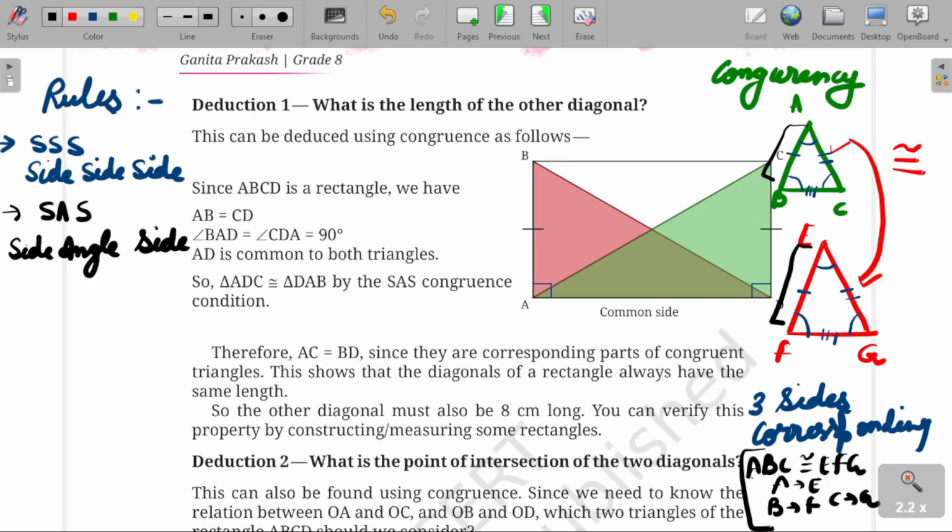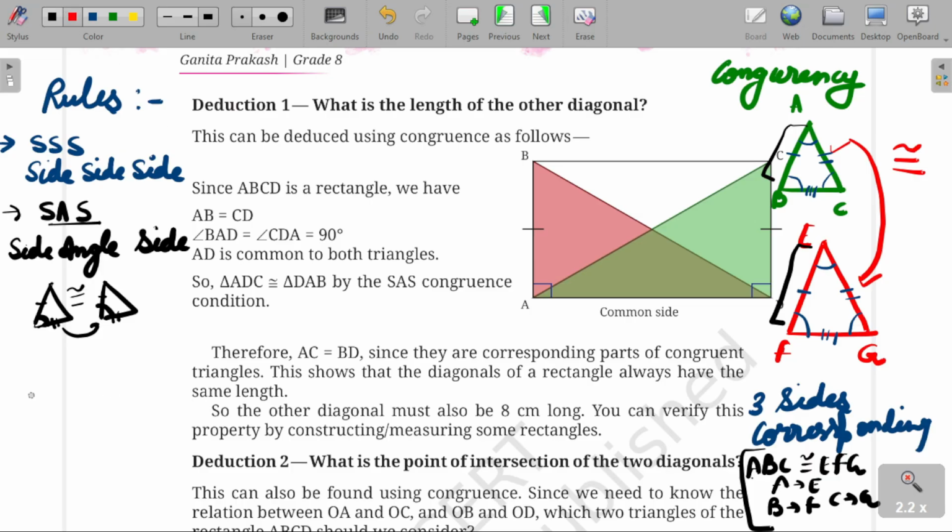Now, side, angle, side means when you have two triangles, then the angle formed between the same sides, like this side is equal to this side and this side is equal to this side, and this angle in between should be equal to this angle. Only then you can say these two triangles are congruent under the SAS property.